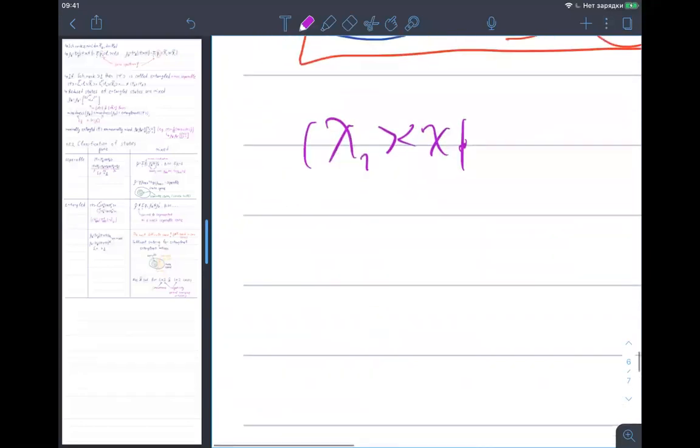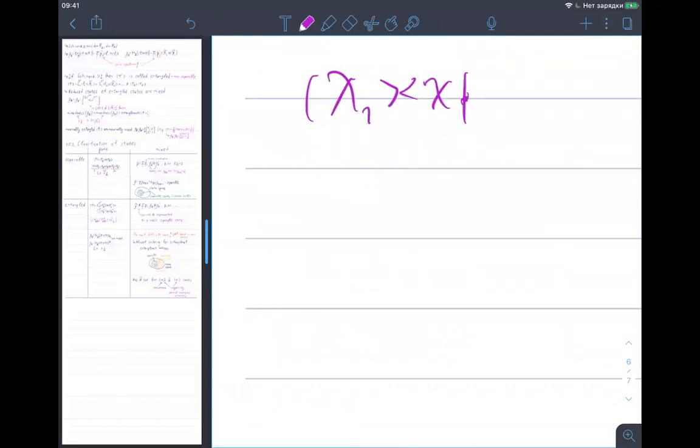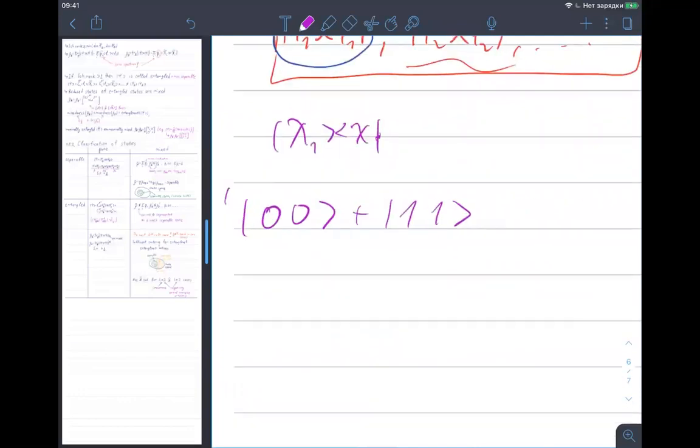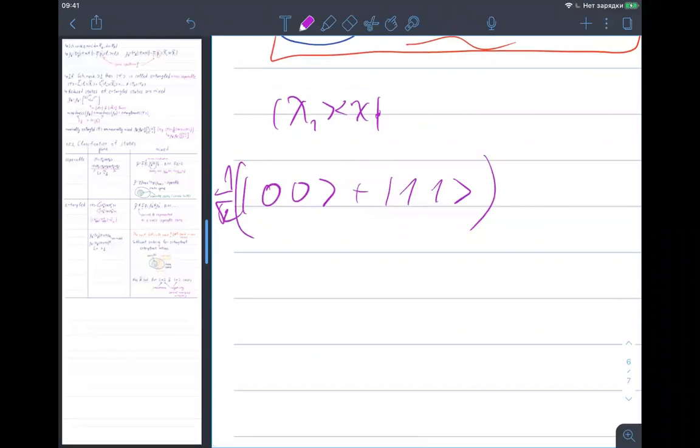For example, let us consider the maximally entangled state, 0,0 plus 1,1. Imagine that the A system is measured in the basis 0, 1. If the first system is obtained in state 0, the second system is also obtained in state 0, and if the first is obtained in state 1, the second is obtained in state 1.